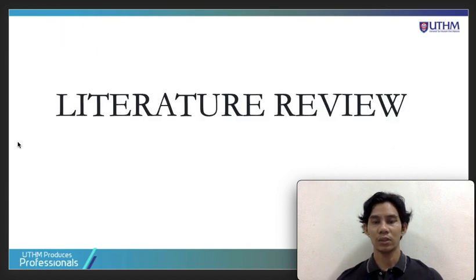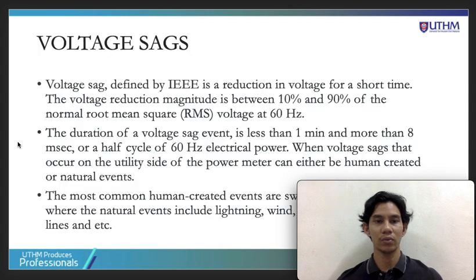Then we go to the second chapter, that is the literature review. The first one is voltage sag. In the definition of IEEE, voltage sag is a reduction in voltage for a short time. The voltage reduction magnitude is between 10% and 90% of the normal root mean squared, or RMS, voltage at 60 Hz.